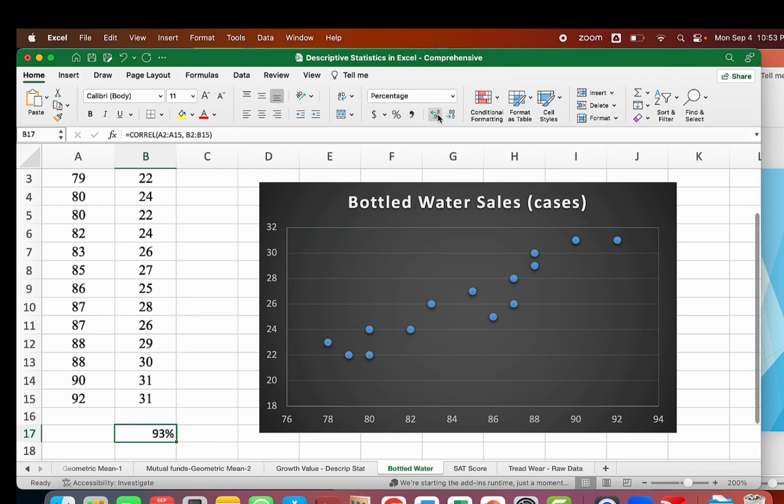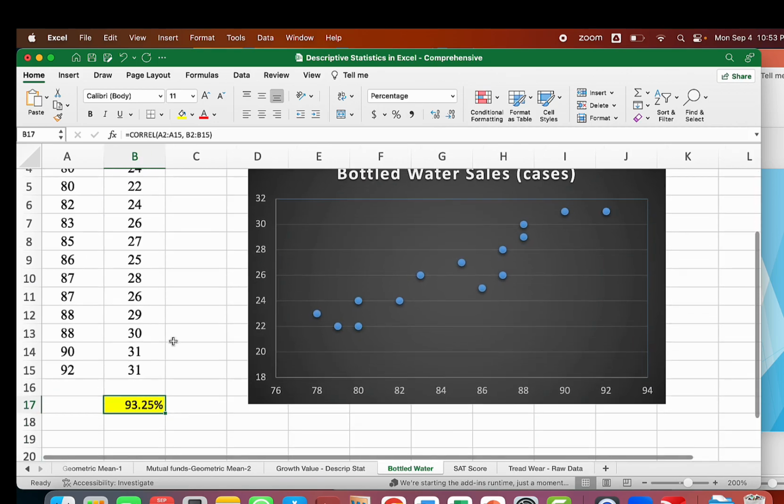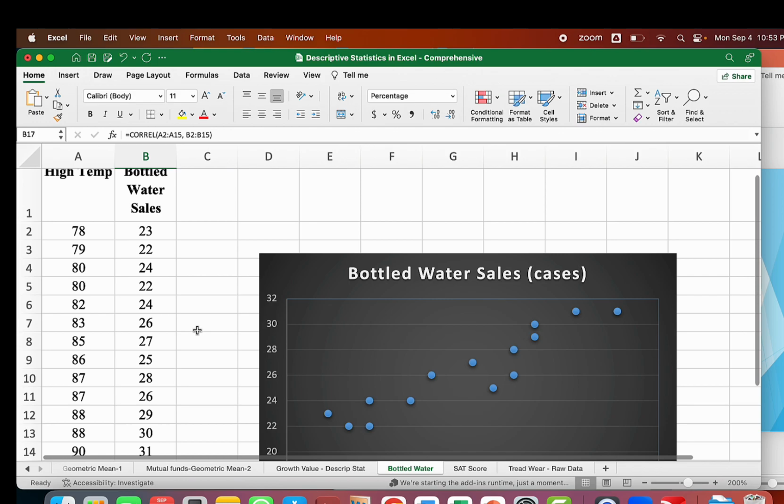If I convert it into a percentage, it shows that the correlation between these two variables is 93.25%. It shows that when temperature increases, sales of bottled water also increase accordingly, and there is a 93.25% correlation between them, which is very strong.